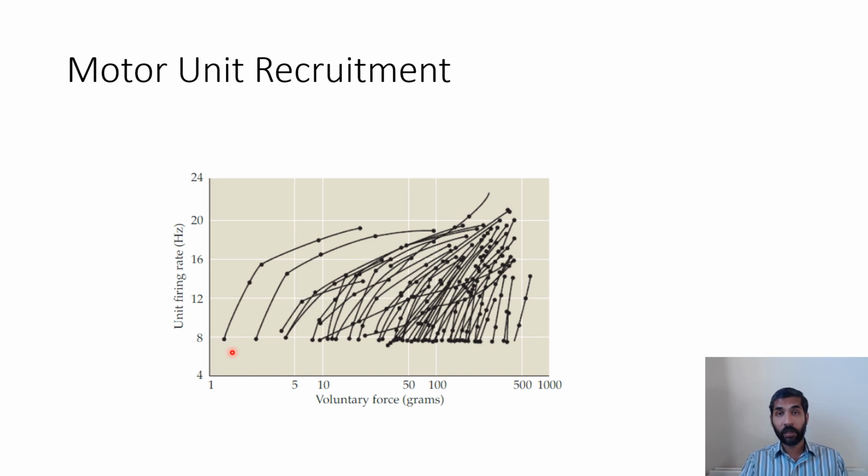Another way is to increase the number of motor units that we are using to increase the force. And when you're trying to increase force, both play a role, right? If you want a little bit of force, probably one motor unit starts off, and then the firing rate goes up as you need more and more force. And as you need more and more force, more and more motor units are recruited, as well as the firing rate also keeps going up so that you can increase the force that you are using.